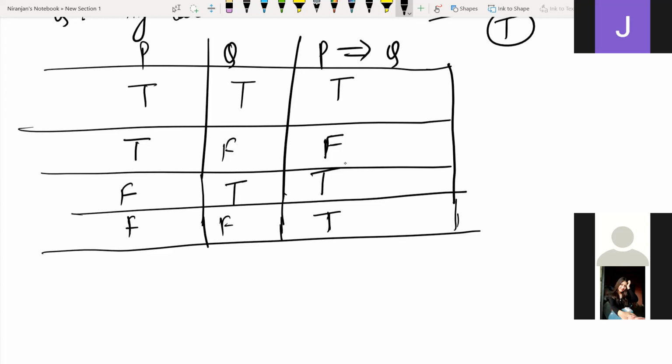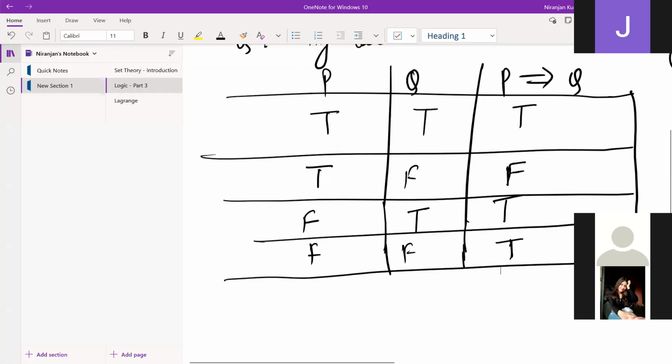In this example, if we take the false of P, which is my car is not out of gas, and the false of Q, which is my car will run, both of them make it true in this example. Just give me one minute.